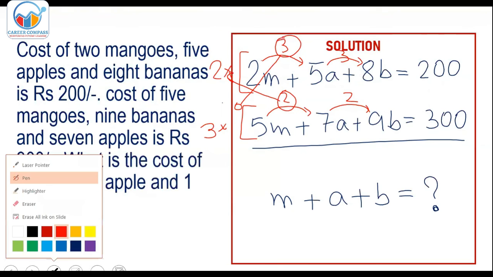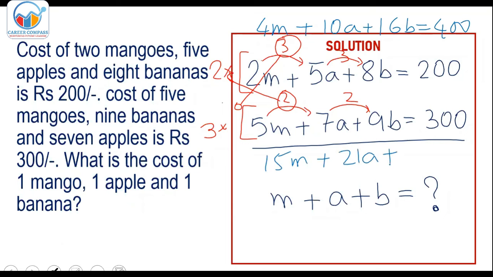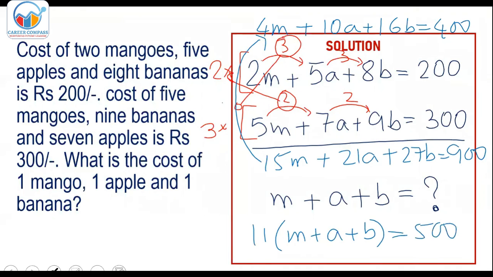Once you do that, what you get in the first equation is 4m plus 10a plus 16b equal to 400, and in the second equation you will get 15m plus 21a plus 27b equal to 900, and now you subtract. If you subtract, you will get 11 times m plus a plus b equal to 500. So your answer will be 500 divided by 11.